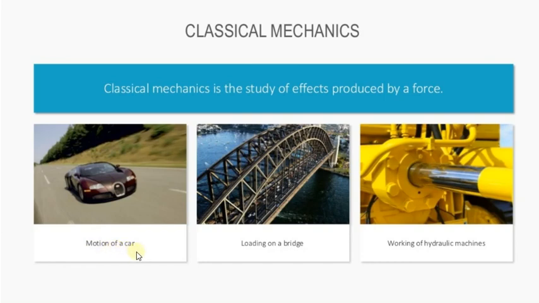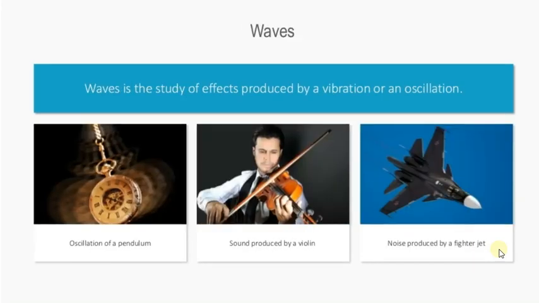So motion of a car is discussed in classical mechanics. Similarly, loading on the bridge, that means how much weight the bridge can hold. The working of hydraulic machines. There are several kinds of hydraulic machines like hydraulic press, hydraulic brake system, hydraulic lifting.